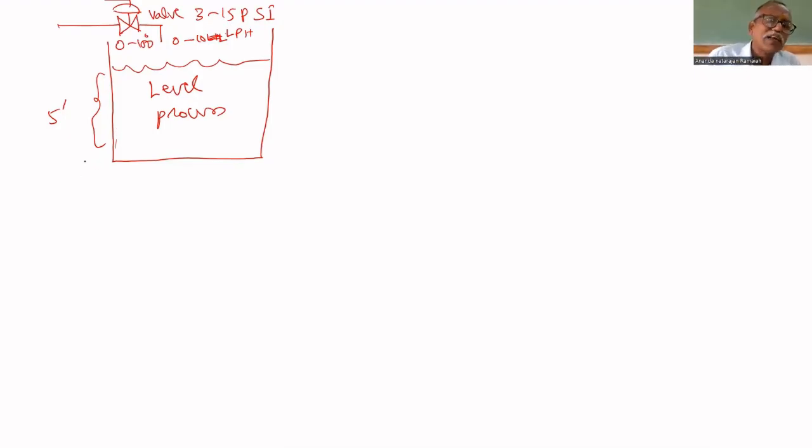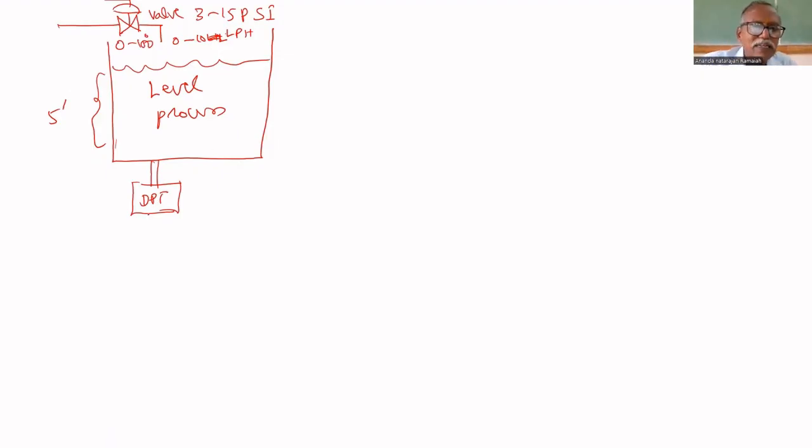How to measure level? For that, a DPT is there. The sensor is a DPT, a differential pressure transmitter. It is available in the lab.